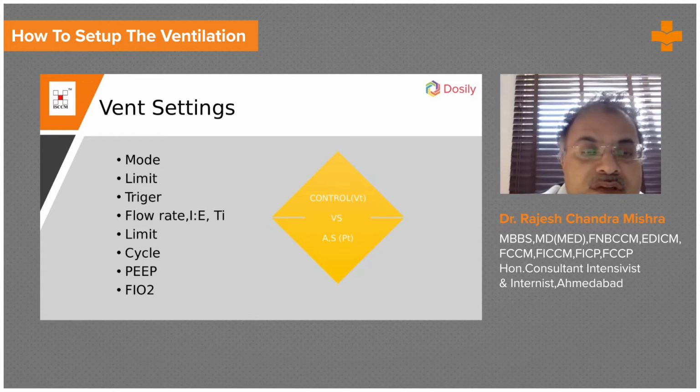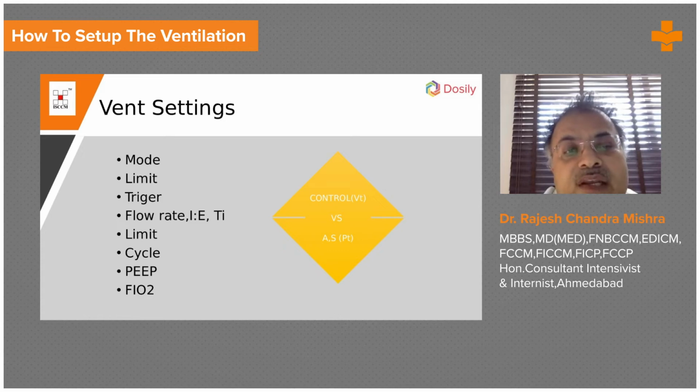But if you are using flow mode, then the ventilator will achieve its peak flow rate. Once achieved, it will start reducing its flow rate, and when the flow rate is reduced to 25 or 30% of its peak flow rate, then it will cycle to expiratory.